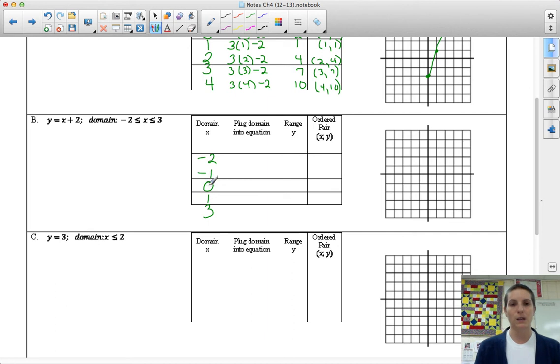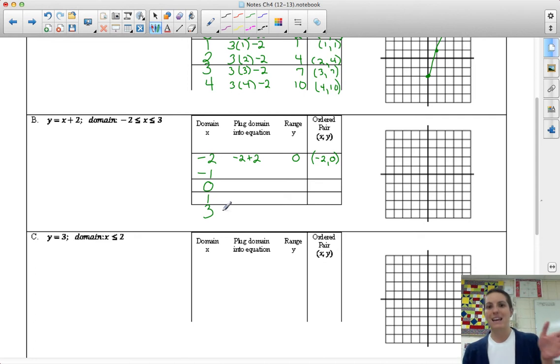So just plug your values in. We've gone over quite a bit about how to create this table. I'll do the first point again for you. So we plug our domain in. Our starting point was at -2 and add 2. So my starting point is the point -2, 0. And because I have both an upper and a lower limitation, then I also have a starting spot and an ending spot on my graph.